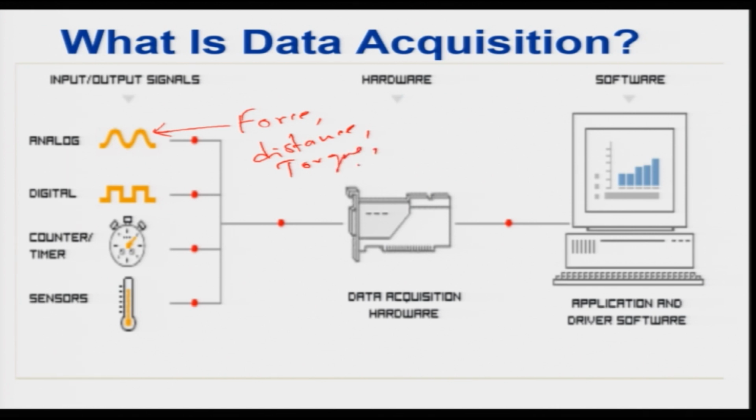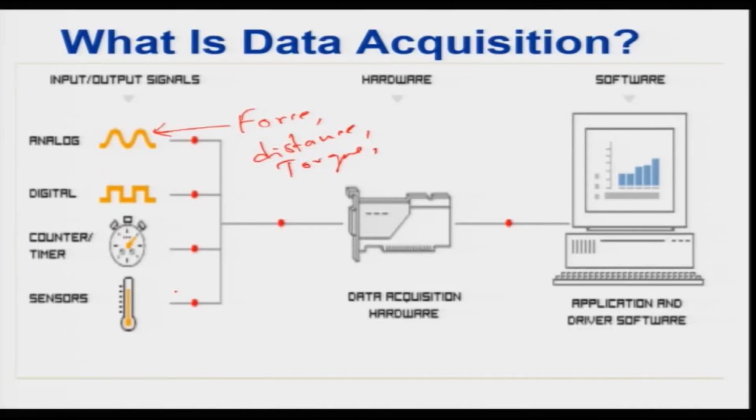These are all analog signals in the real world, and the robot controller cannot understand analog signals because it is basically a digital controller. So, these analog signals have to be converted into digital, and this conversion is done by some kind of data acquisition system or an analog-to-digital converter. So, that is my analog to digital, where the force sensor will be sampled and converted to a digital signal and then given to the computer or the robot controller to understand.